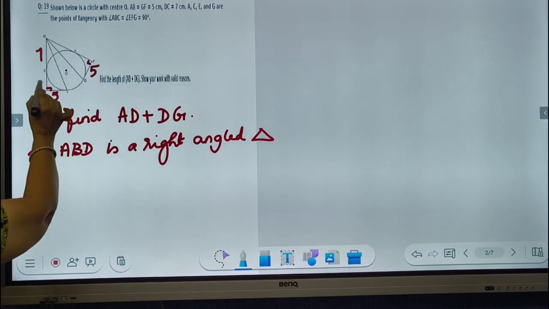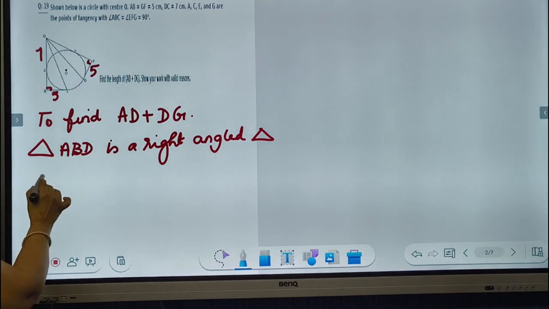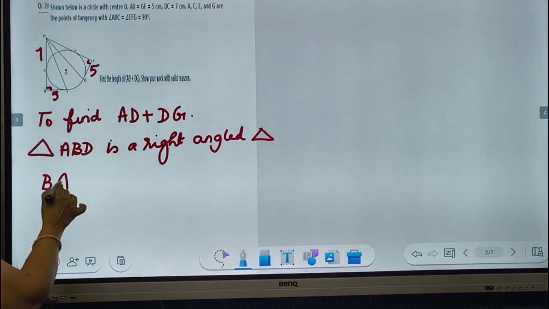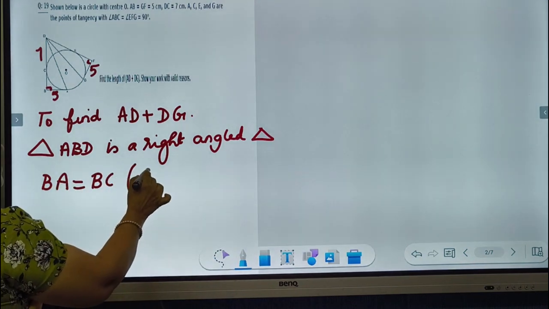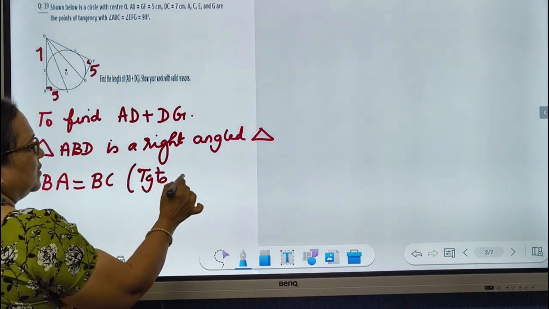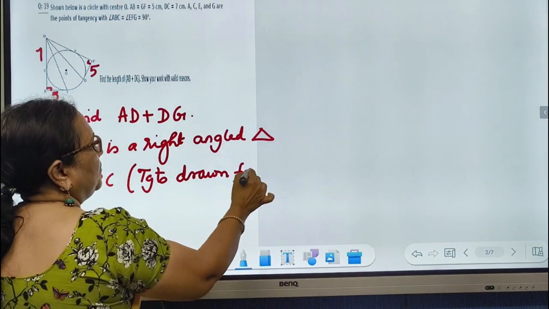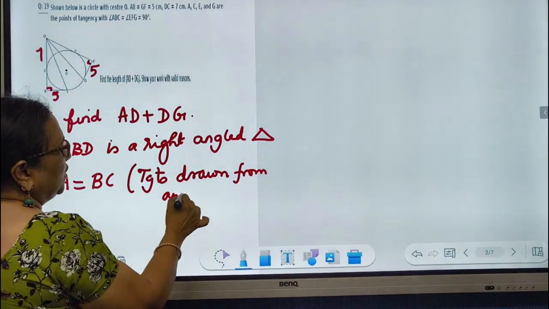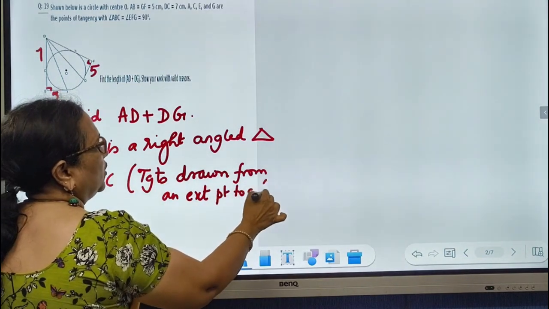Now if this is phi, this is also phi because tangents drawn from an external point to a circle are equal. So BA equal to BC. Tangents drawn from an external point to a circle are equal.